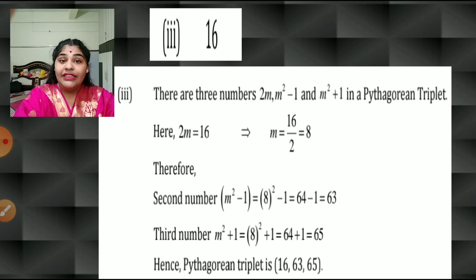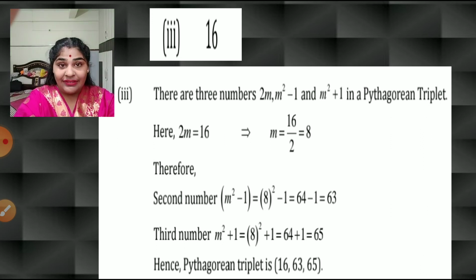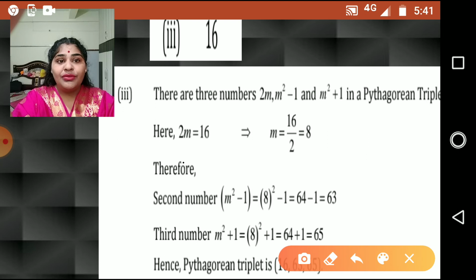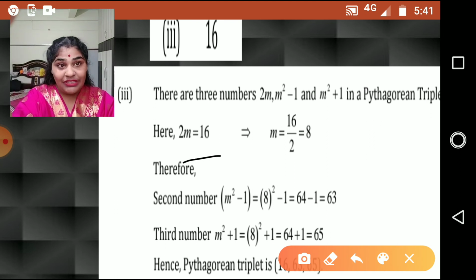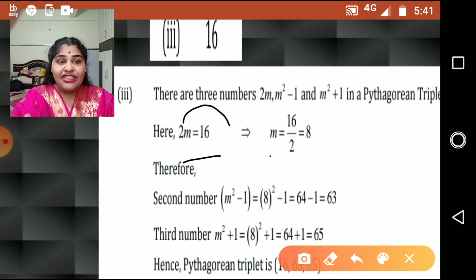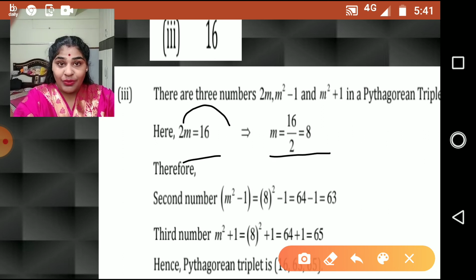So children, whichever member is given to you, we are equating that with 2m. So the first step is you will equate 2m is equal to the given number, that is 16. After doing this, find the value of m. Now if I transpose this 2 to the other side, it will be 16 upon 2, which is equal to 8.